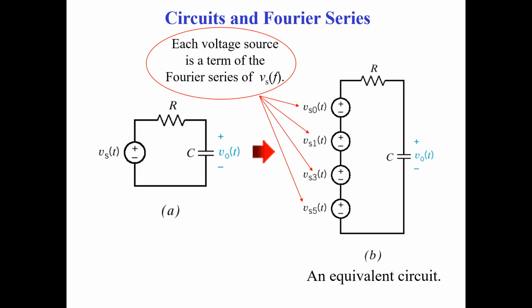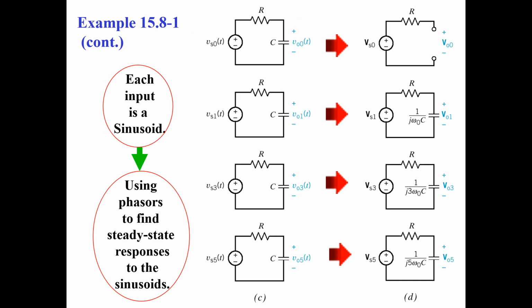Otherwise, in the time domain, you can never predict that. Each input is a sinusoid, so use phasors to find the steady-state response to each sinusoid. You already know that.